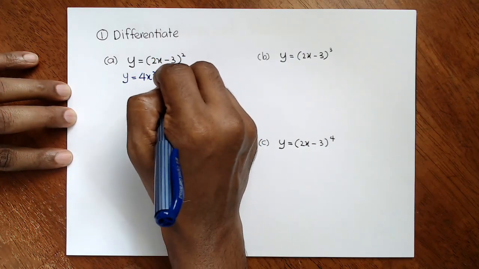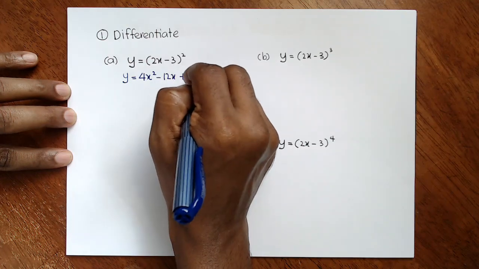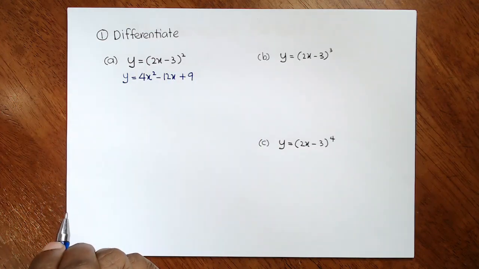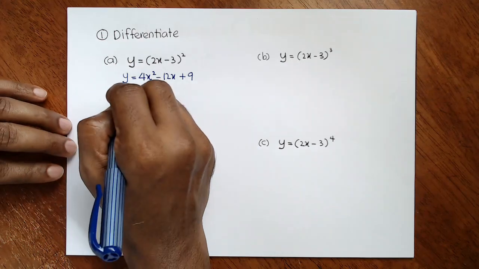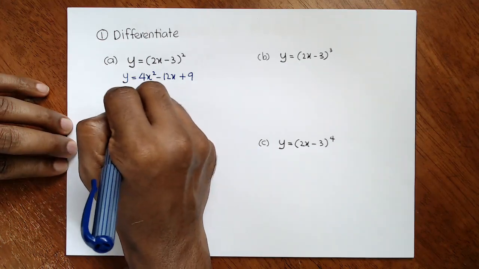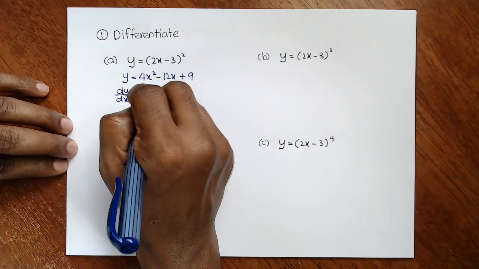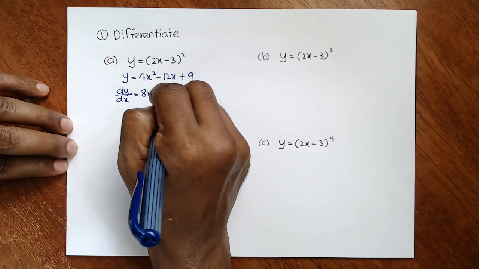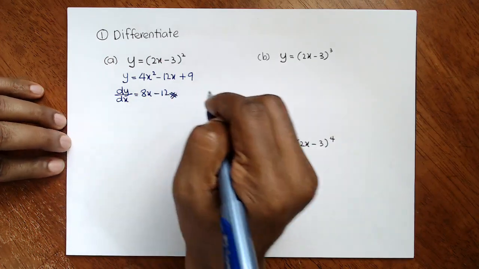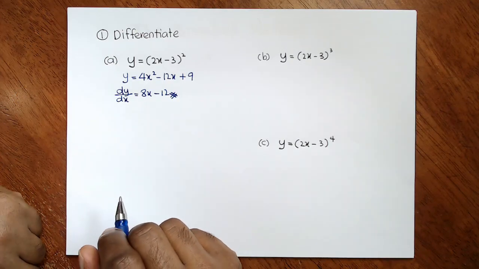And after that we can do dy/dx as usual. So dy/dx will be 8x minus 12. That's very easy, right? But we could expand this because it was to the power of 2.